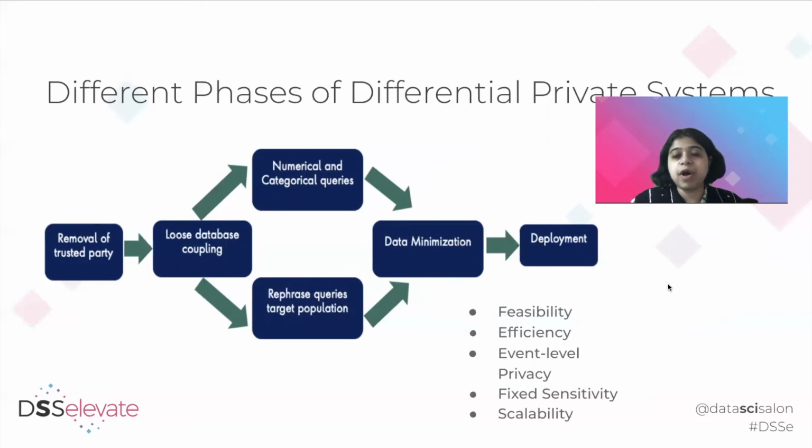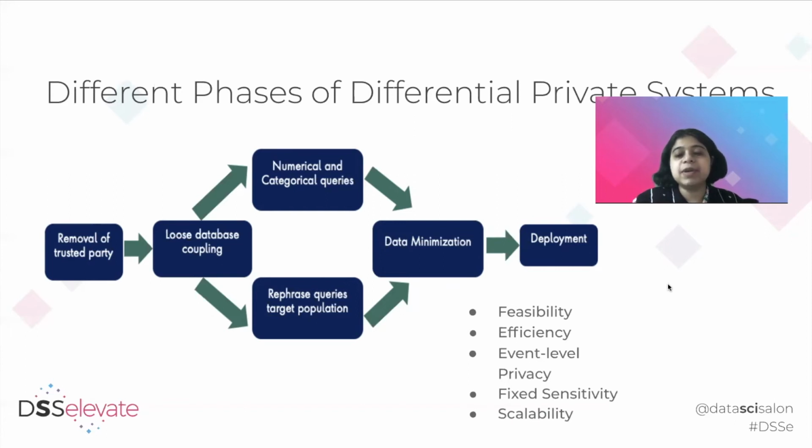How fast our system is will ultimately govern the scalability of the solution. If the differential private solution takes a lot of time to train and a lot of time to give back the predicted outcome, then it's not a good choice for scalable systems. And are the differentially private algorithms able to handle numerical and categorical queries?